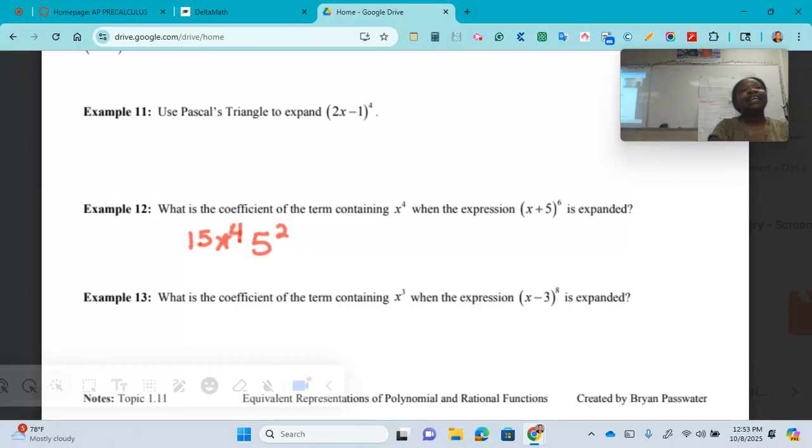Now we could just get the leading coefficients. 5 squared is 25 times 15. Oh no, we're still using the fourth term. So x to the 6th, x to the 5th, x to the 4th.